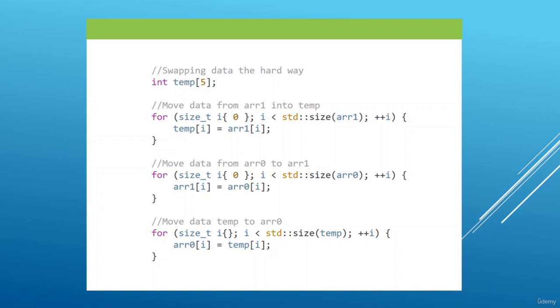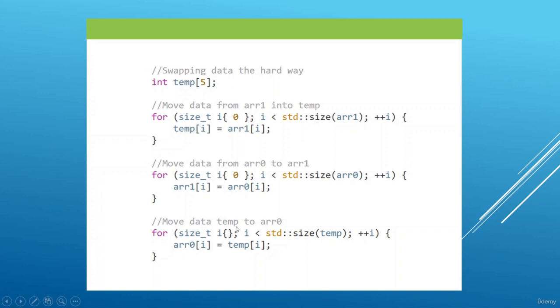There's no problem with this, except that we are really doing a lot of loops to do something as simple as swapping data. The other problem is that the amount of work we do is going to increase with the number of elements that we have in our arrays. So for example, if our arrays have 10,000 elements, we're going to be looping around that amount of times to just swap data, and that's just too wasteful.